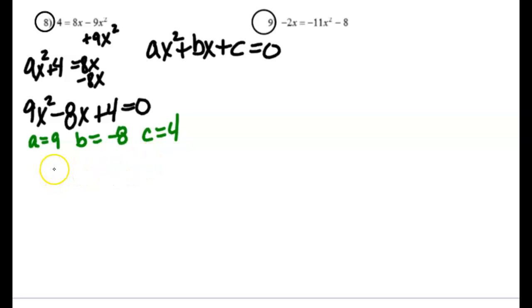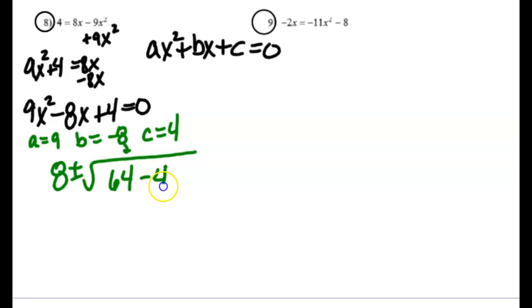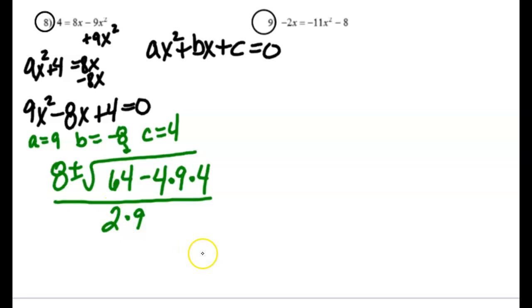So the opposite of B, anybody, nice and loud? 8 plus or minus, you want to just square it when we write it down? What is -8 times -8? 64. That was our B squared. And then minus 4 times A, which is 9, times C, which is 4, all over 2 times 9.